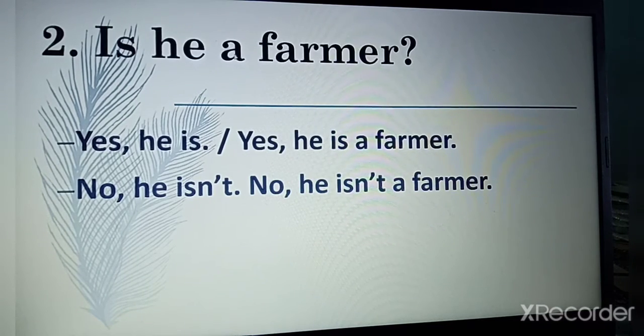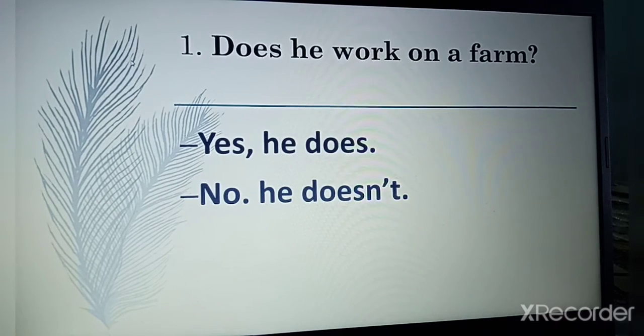Another is, is he a farmer? If your answer is yes, you're going to say, yes, he is, or yes, he is a farmer. Why he is, not he does? Because the question starts with is, not does. But if the question says, does he work on a farm, that's the time you're going to say yes, he does.